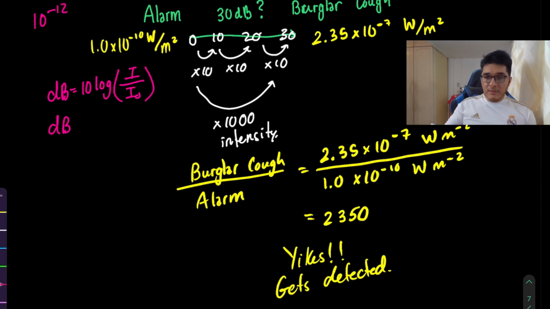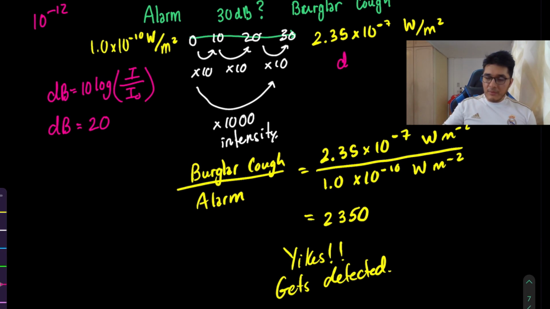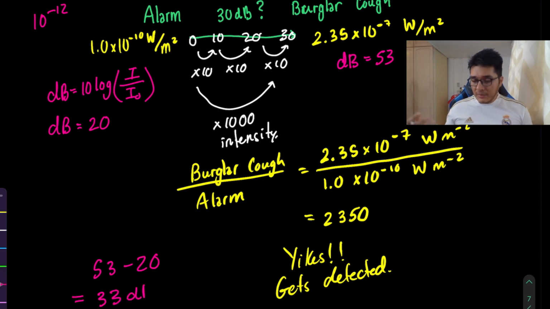So if you do this, you should get a decibel of, this one should be 20, and this one should be 53. So the difference will be 53 minus 20, which is 33 decibels. So you see it is a difference of at least 30 decibels.